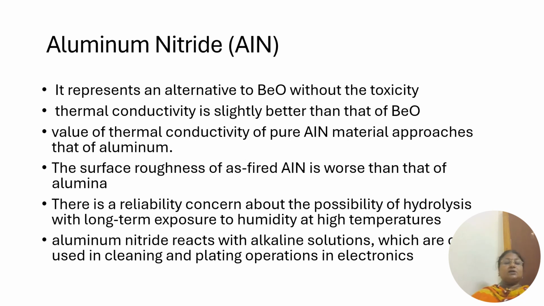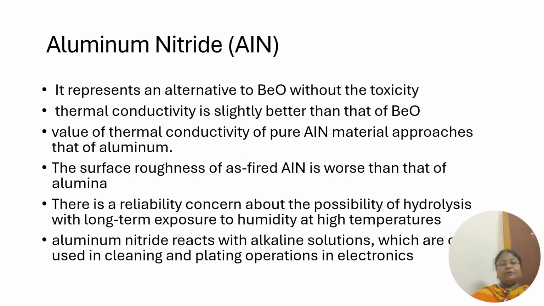How much toxic? Thermal conductivity is slightly better, and the value of thermal conductivity of pure aluminium nitride approaches that of aluminium. Aluminium is a very cheap component which is available as a metal, and this alumina can be made in terms of alloys like aluminium nitride and aluminium oxide.